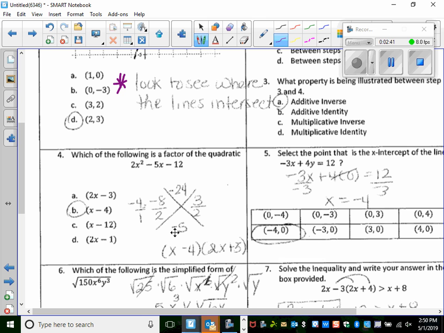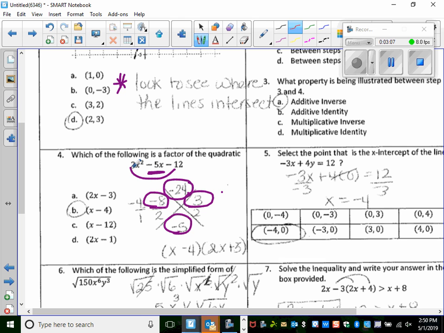So how do you factor this? So remember, you take your a and c term. Okay, that's this term and this term. That's the number you see at the top. Your middle term goes at the bottom. Okay, so you're saying what times what gives you negative 24, negative 8, positive 3, but will also add up to negative 5.